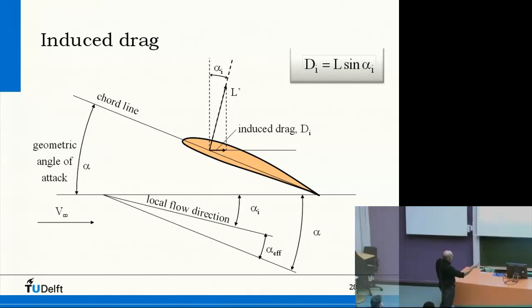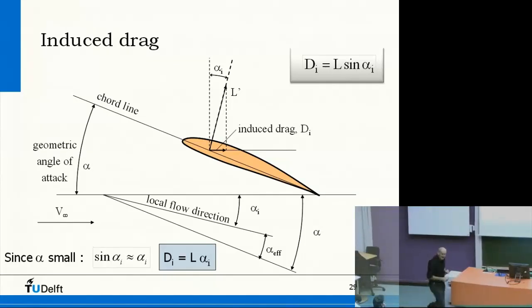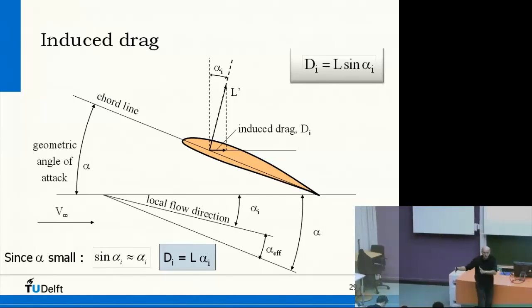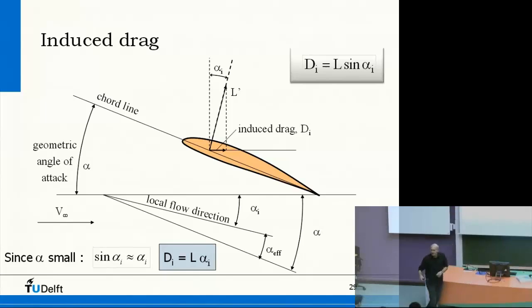And of course, Di is L sine alpha I. But since the angle of attack is very small, and sine alpha I is also very small, then we can write sine alpha I is alpha I. So this induced drag, which can be quite significant, is Di equals L times alpha I. Because there is an end to the wing, we have a wing vortex.